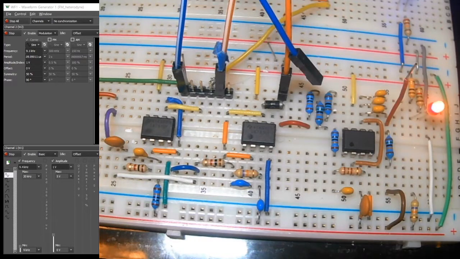To remove the DC component, a very simple passive RC circuit is used for AC coupling the low-pass filter output.